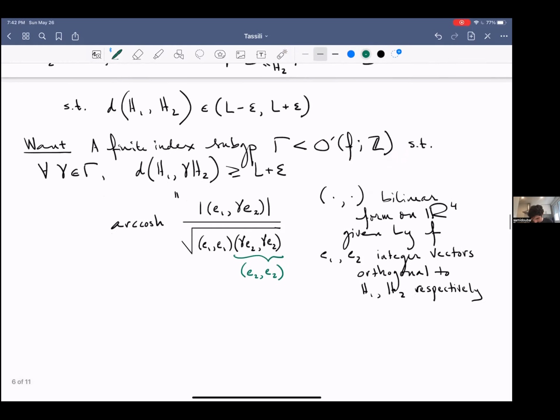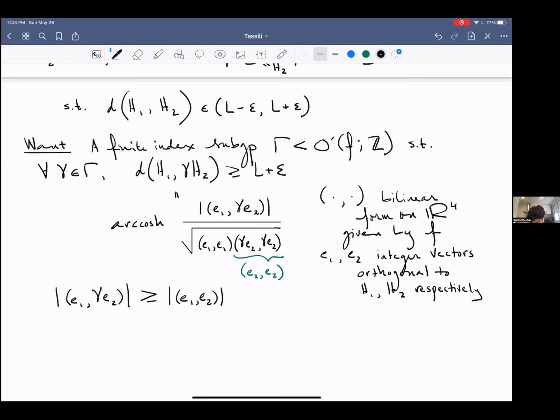And so basically we want to compare this quantity to this quantity.